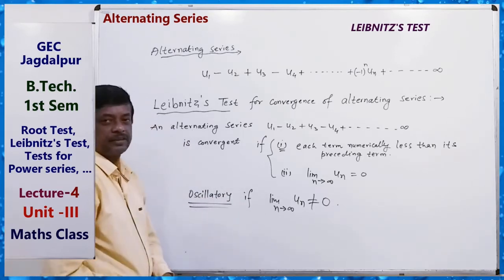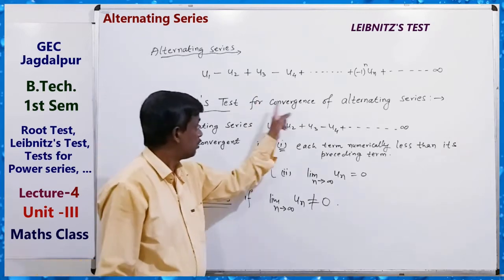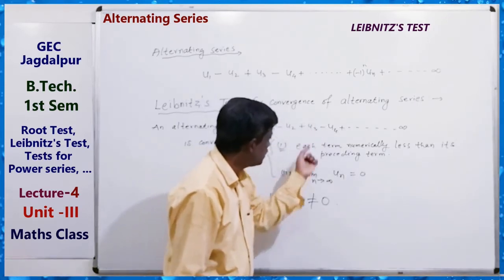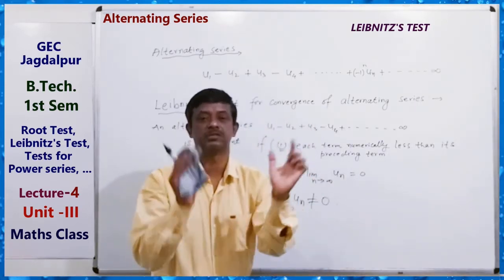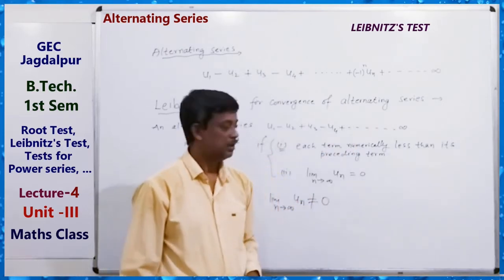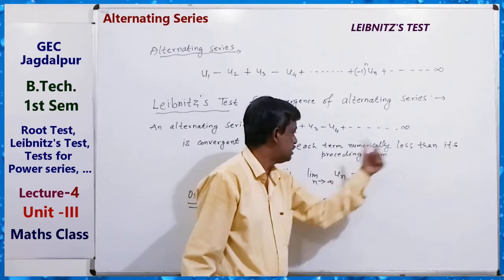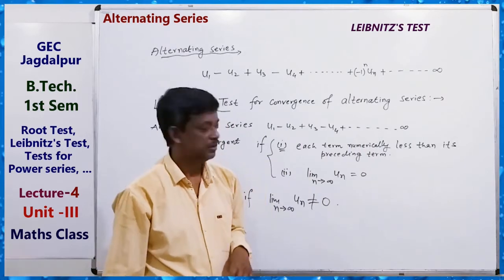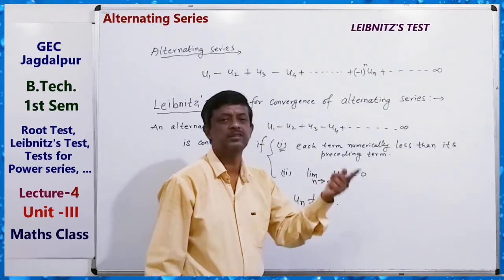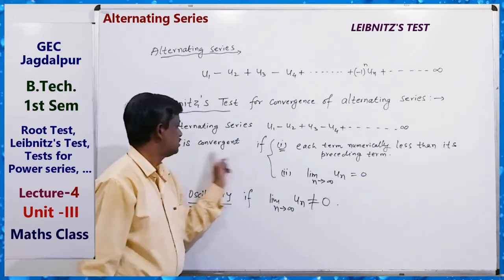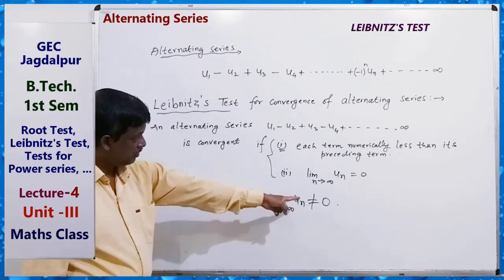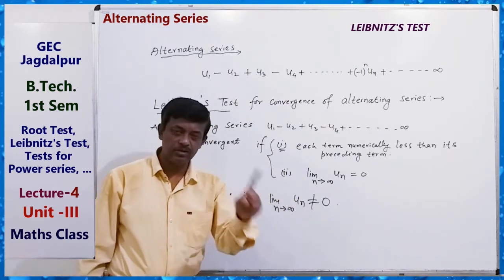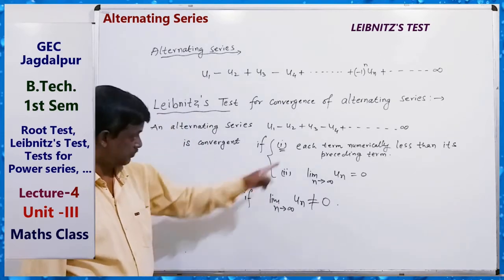Leibniz test for convergence: if the alternating series is like this, and each term numerically, taking modulus of each term, is less than its preceding term, just decreasing numerically, and limit of un as n tends to infinity is 0, then we can say the series is convergent. If un does not tend to 0, then the series will oscillate.